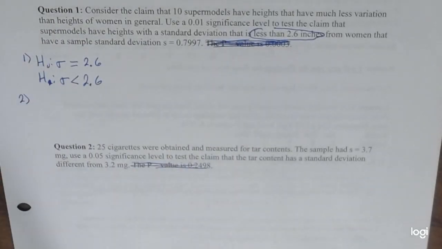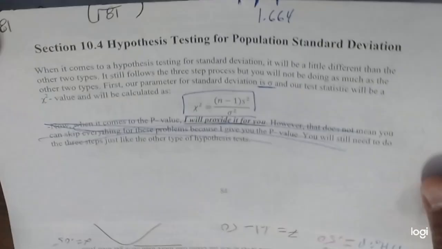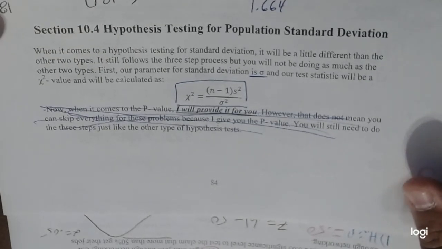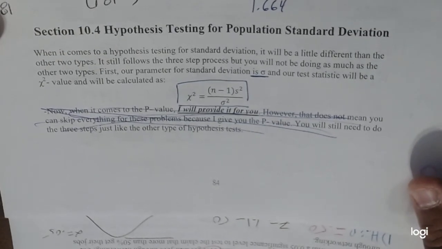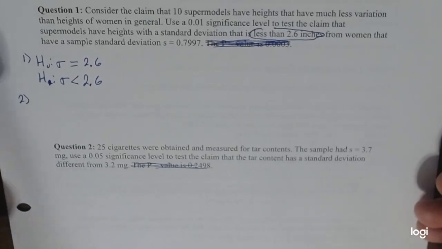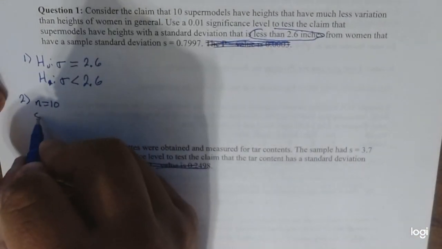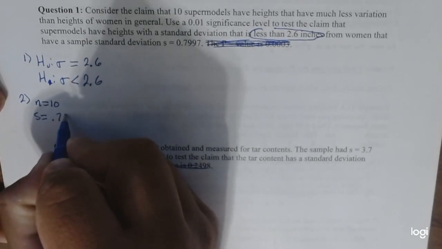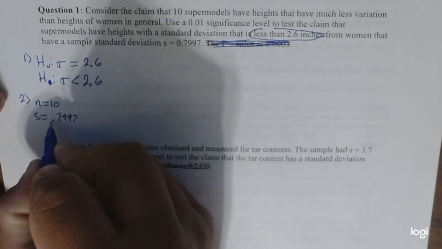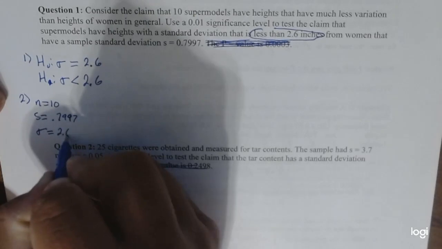For step 2, we actually need 3 numbers: n, s, and sigma. It's one of the easiest ones because we only need 3 numbers. n is the actual sample size, so that's 10 supermodels. s is given to us at the very end as 0.7997. And sigma, which we wrote down already, is 2.6.